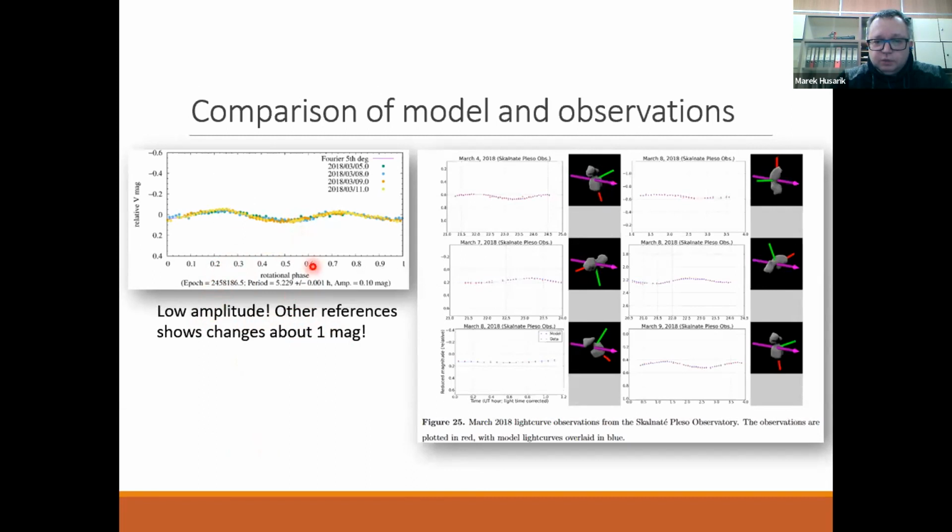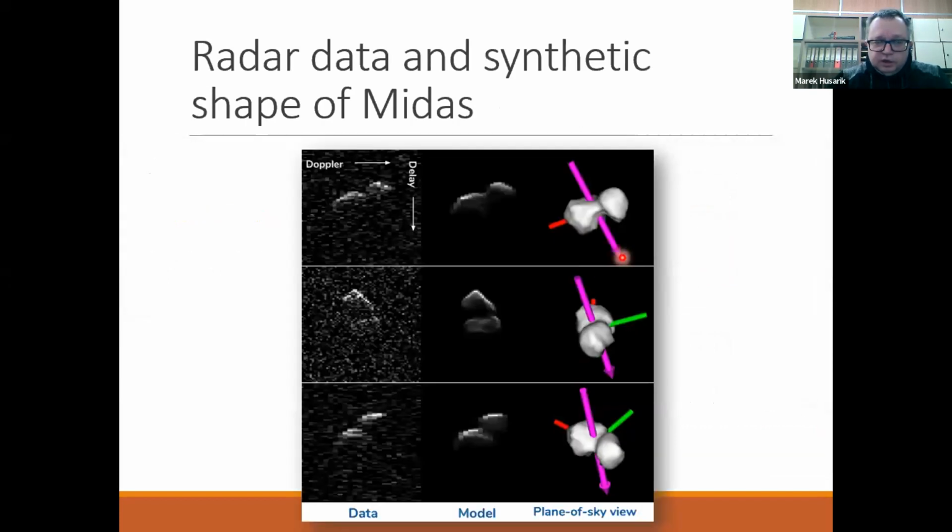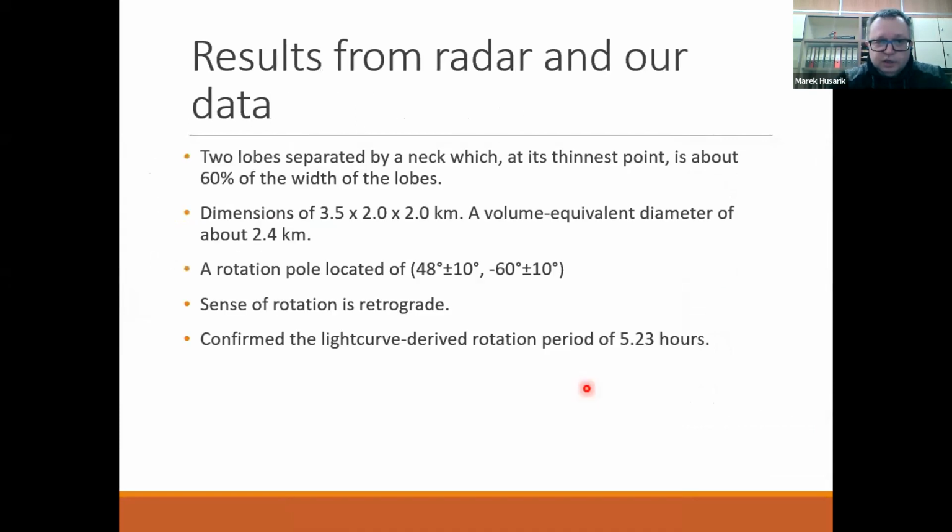I talked about my result with colleagues from Arecibo, and we tried to model this asteroid with radar data and with data from other observatories. Here you can see a comparison of modeled and observed data.